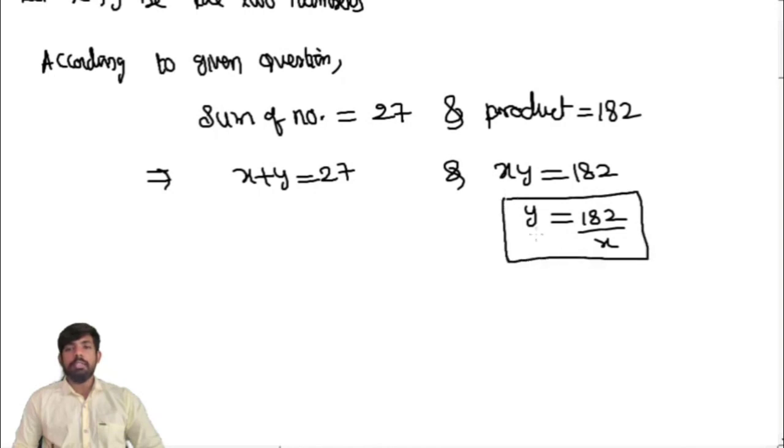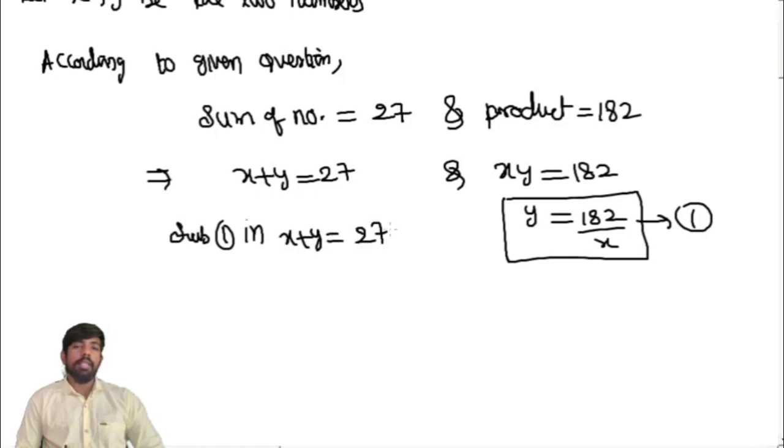So I am substituting this equation 1 in this equation. Substitute 1 in x plus y is equal to 27. So x plus, in the place of y we can write 182 by x, is equal to 27.